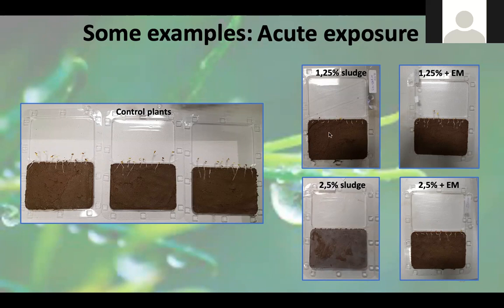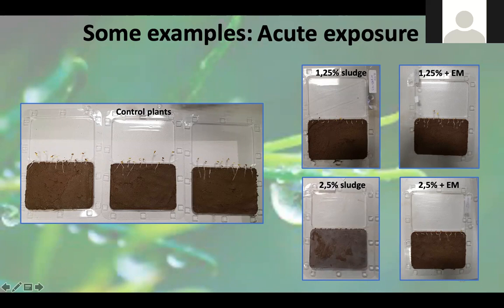In fact, as you can see from the picture, plants treated with effective microorganisms and sewage sludge were more developed with respect to plants treated only with sludge.